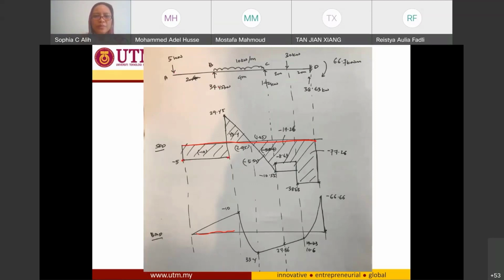From B pointing upward, 34.94, so negative 5 plus 34.94, I have positive 29.45, and this one going downward 10 kilonewton per meter, so from 29.45 positive, I subtract 10 times 4, and this is where I get this one.